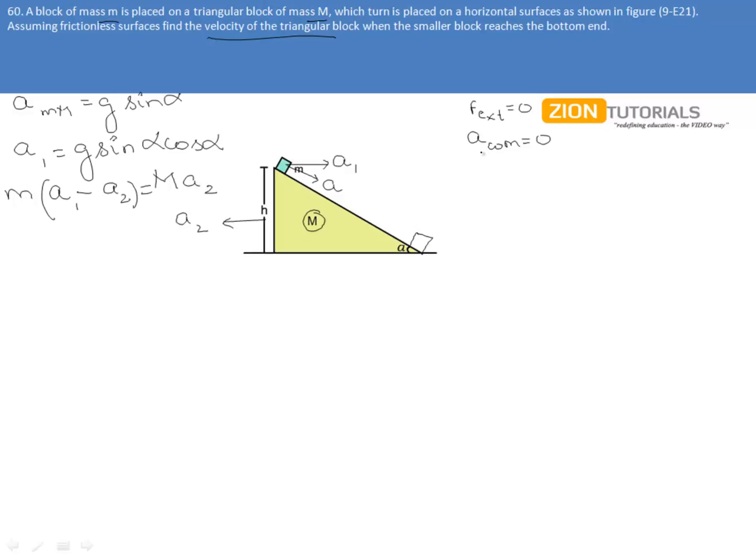Basically, what I said was that the acceleration of the center of mass has to be 0. Then this is the acceleration of this small m to the right, while this is to the left.